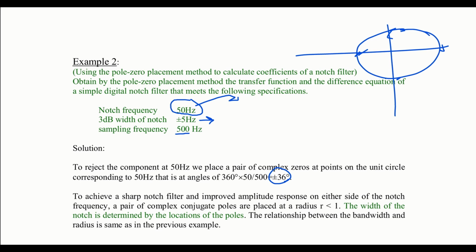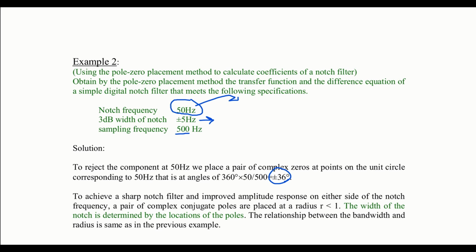But 36 degrees will lie maybe somewhere around here, so it will have both real and imaginary components. So it is complex. Seeing that, it means that we have to also find its conjugate, so that at the end of the day, when you combine the conjugate pairs, you get a real component. That's the whole procedure of our pole zero design mechanism.